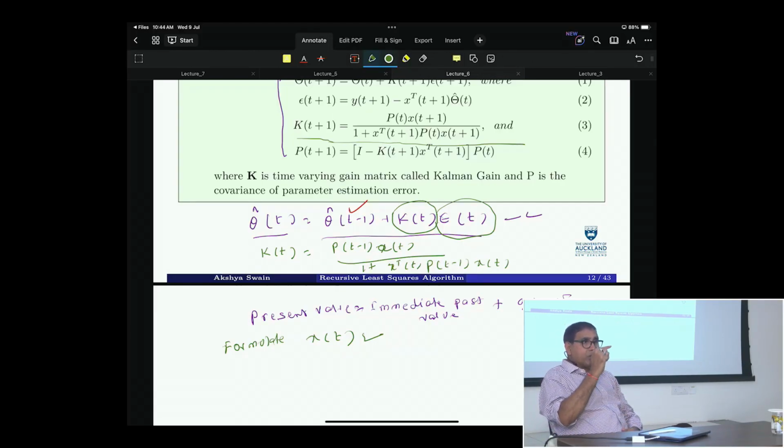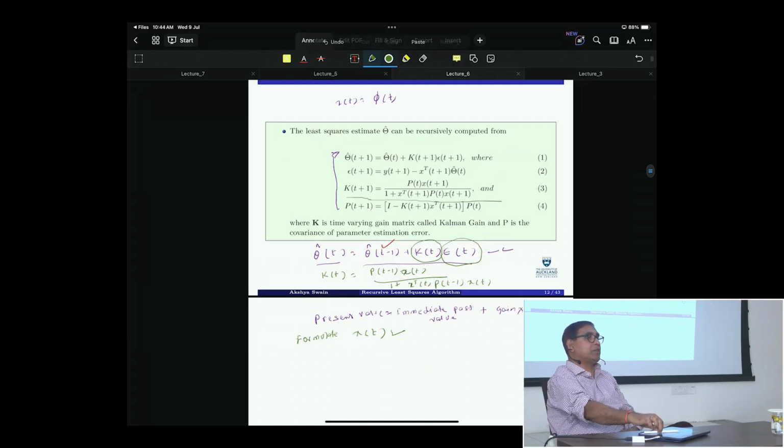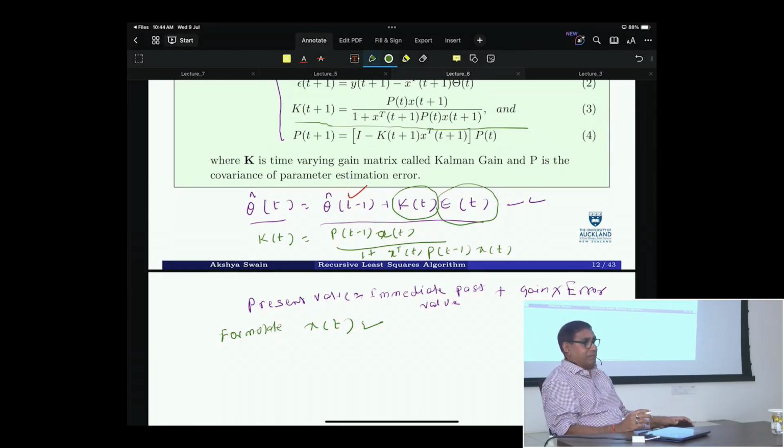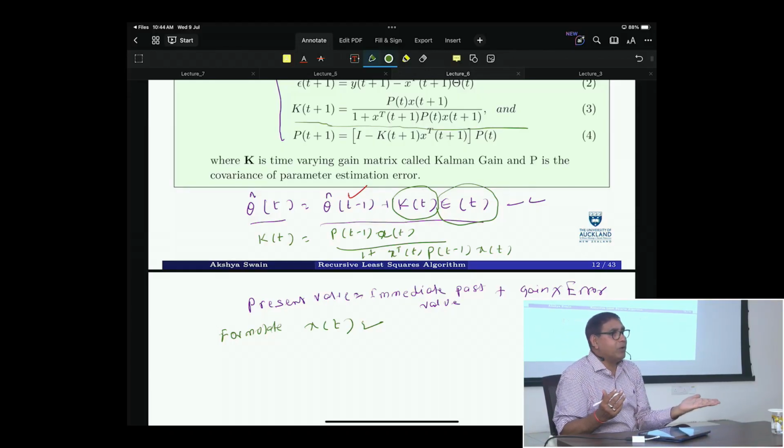You start doing something recursively, right? Any recursive computation requires one initialization, because where to start? The present value is equal to the previous value plus some gain into error, right? Now what is the previous value?